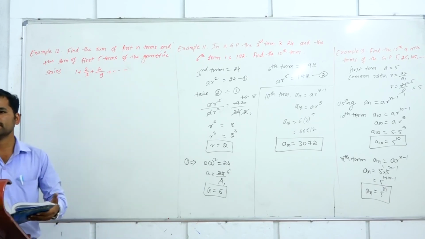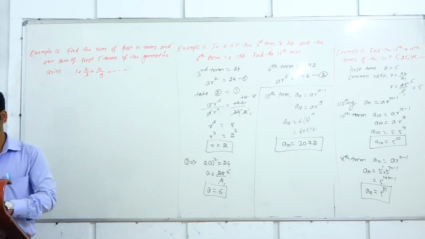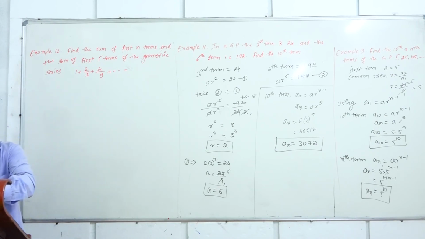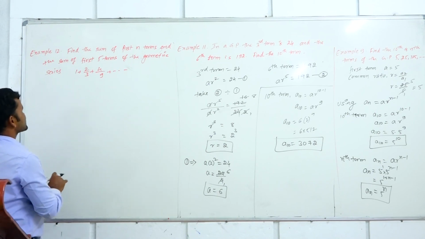Geometric series is given here. With this we need to find out sum of first n terms, Sn, and sum of first 5 terms, S5.